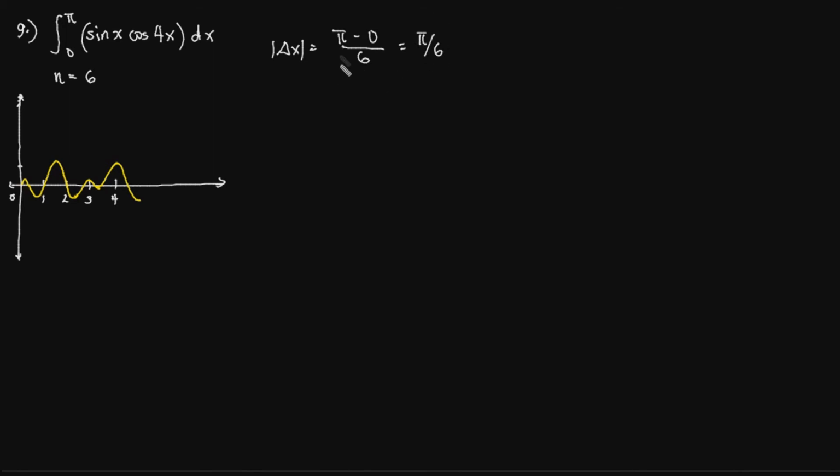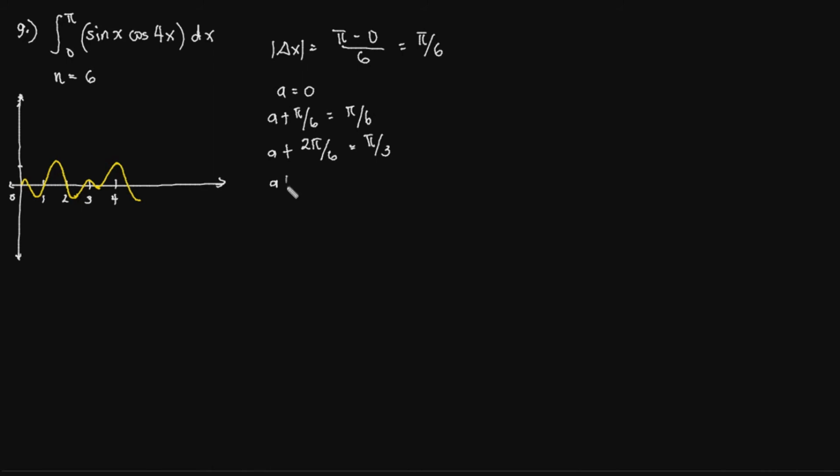Okay, so if you start with a equal to 0, then a plus pi over 6 is equal to pi over 6. Then for the next term, we have to expect that we have 7 points here, that is 6 plus 1. So a plus 2 pi over 6, or pi over 3, gives you pi over 3.